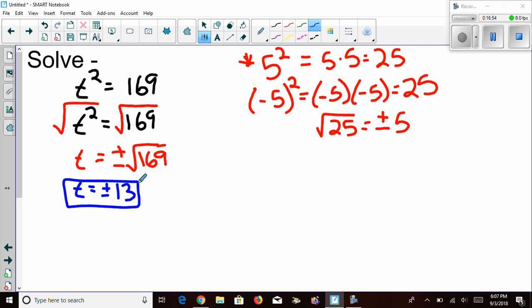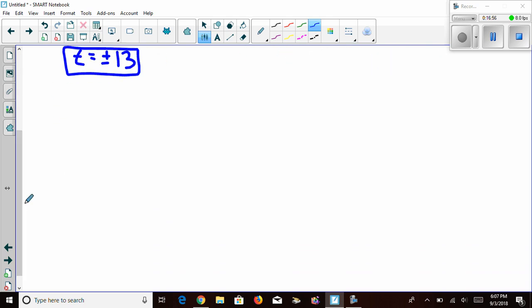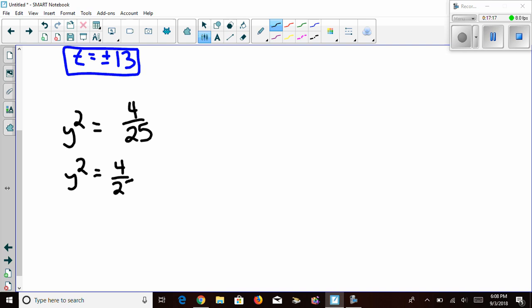I'm going to scroll down to give you another solving example. This will be y squared equals 4/25. We're going to follow the same steps. First, I'm going to ask you to rewrite the problem. Next, we're going to find the square root.